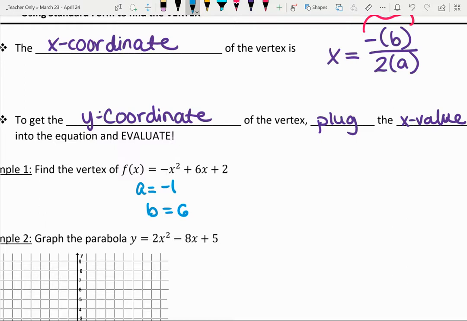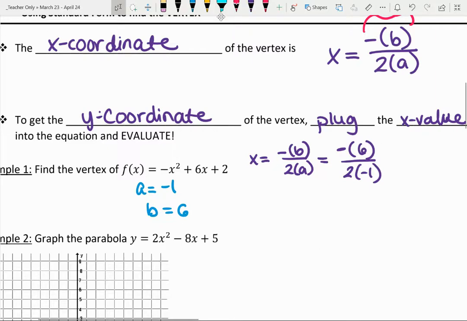So when I use my formula, x equals negative b divided by 2 times a, that's going to be -6 divided by 2 times -1. I substitute all those values in. If I continue to reduce this, that's -6 over -2, which is positive 3. -6 divided by -2 is a positive 3.